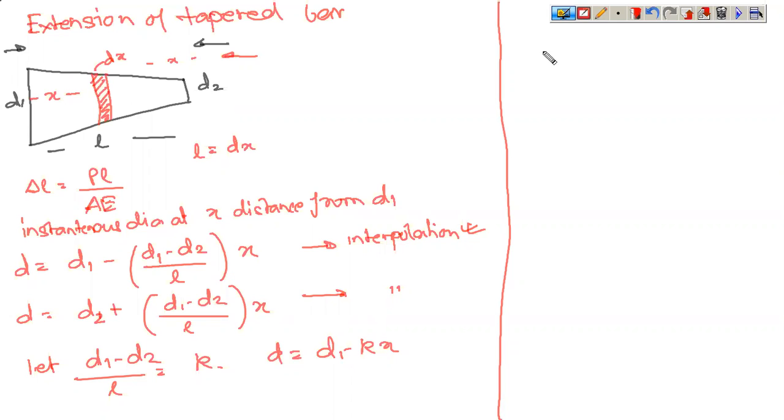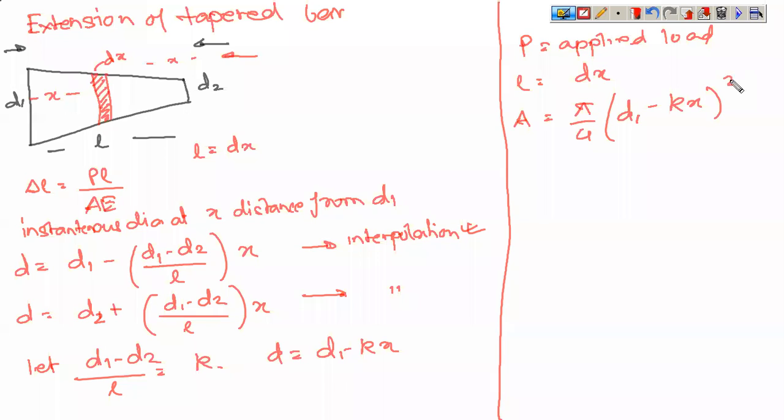So now P is the applied load, the length of the member is dx, the area of the member is pi by 4 d1 minus kx whole square. Okay, this is the instantaneous diameter, so pi by 4 d square is your area, and E is Young's modulus.